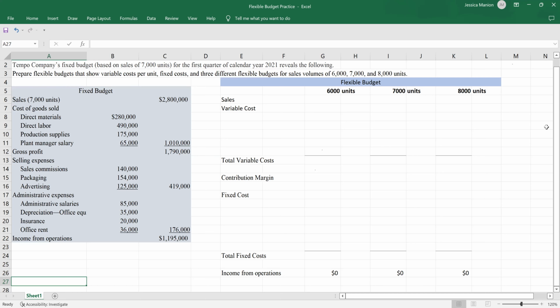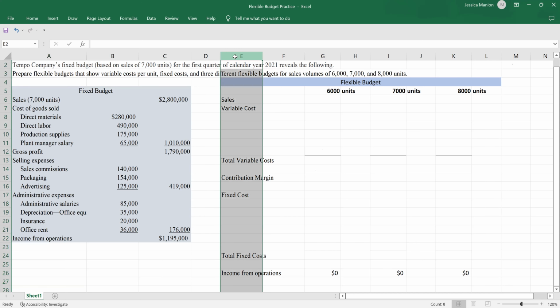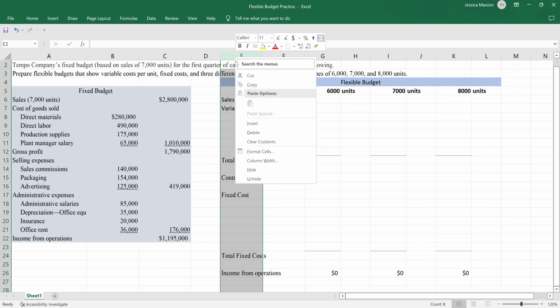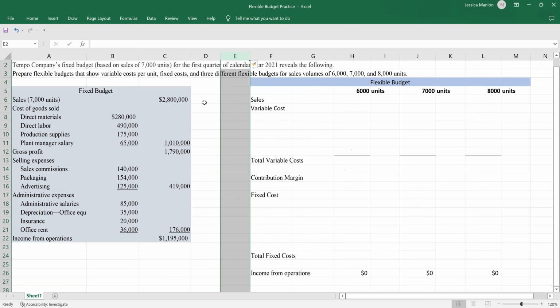We've been getting practice with that this week. Now we're just going to plug it into the budget and look at it in relation to this flexible budget. I want to just add one column here, and we'll see why once we get started.